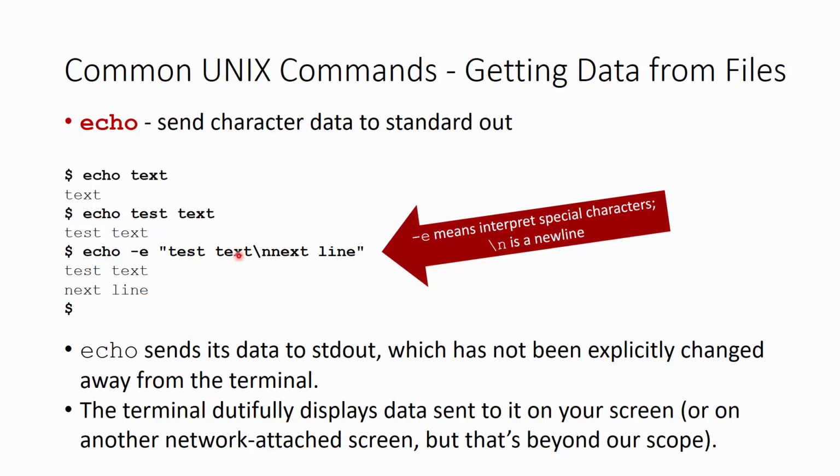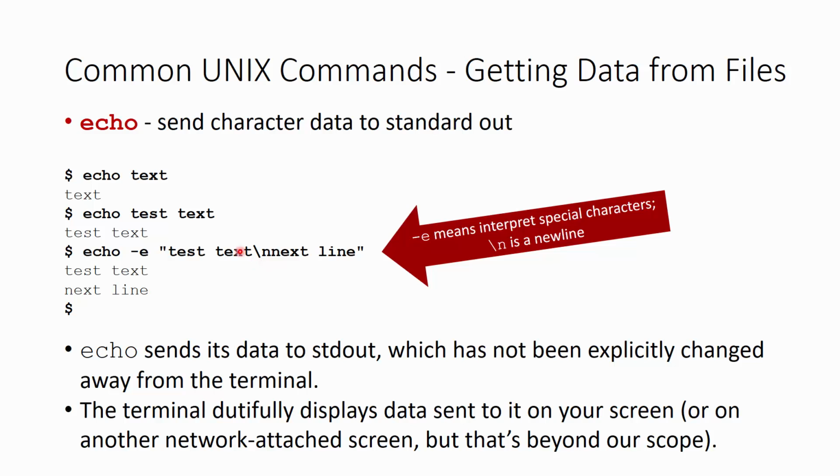This next version here, I'm using the -e switch with echo. And the reason I'm doing that is because when I use -e, it's going to interpret the special character \n as a new line character. So I can say test text, new line, next line. And incidentally, this \n is a single character when it's represented in the file.